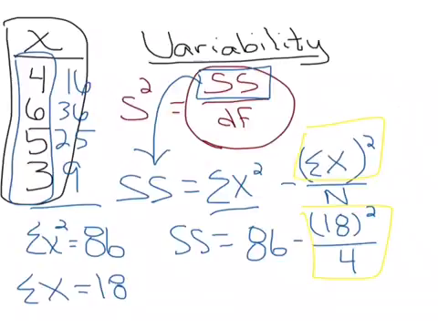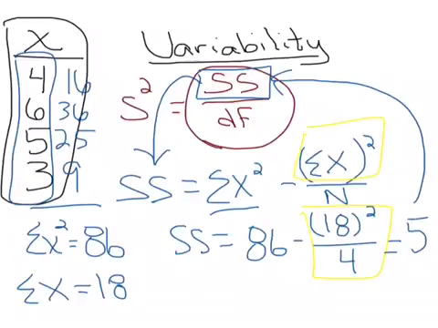So be very careful that you're plugging things into the calculator appropriately. When you do total that up, your end result should actually be 5. Now that's just our sums of squares. Okay? Just that.